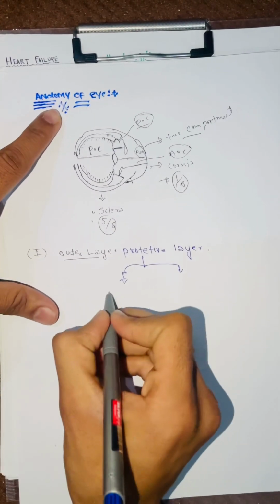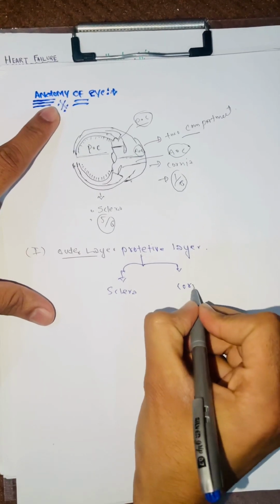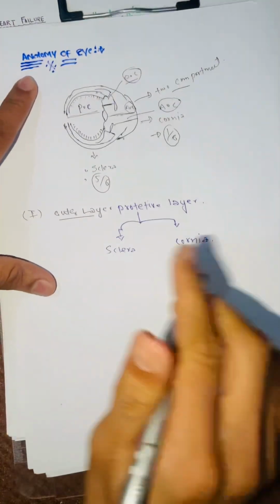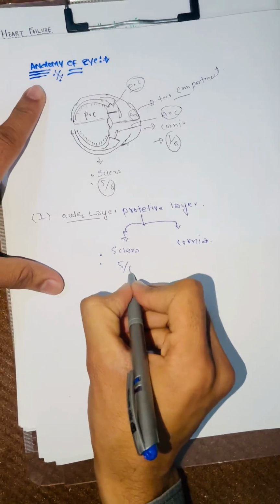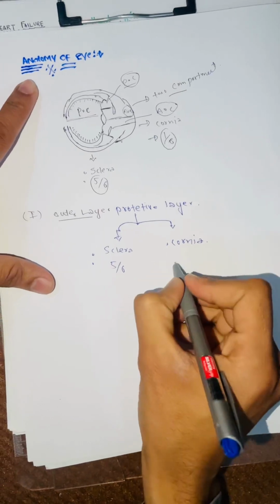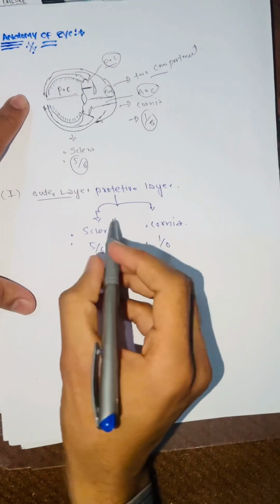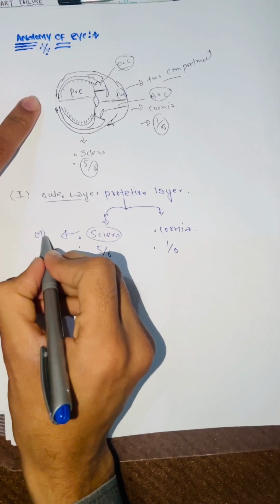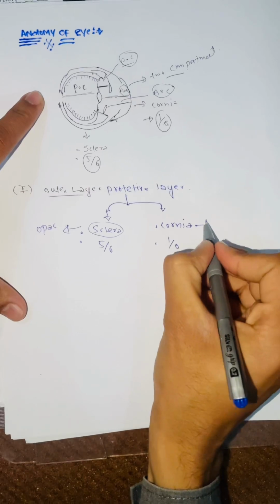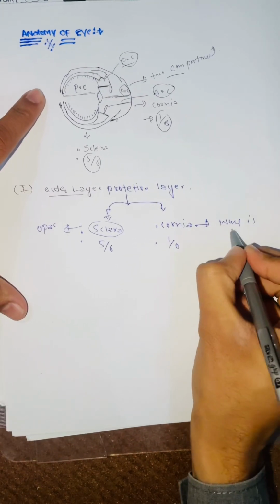One is the sclera, the other one is the cornea. The sclera covers 5/6 area, the cornea covers 1/6 area. But the question is why the sclera is opaque and why the cornea is transparent?